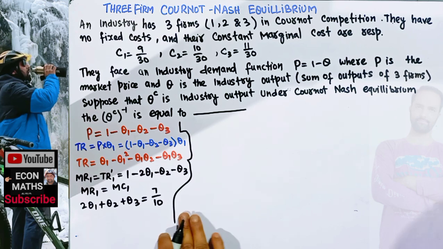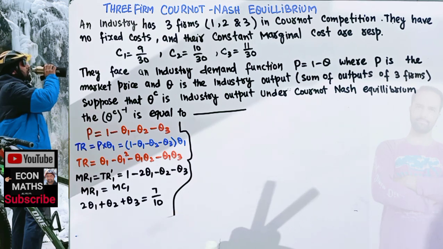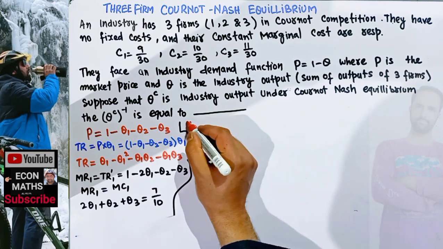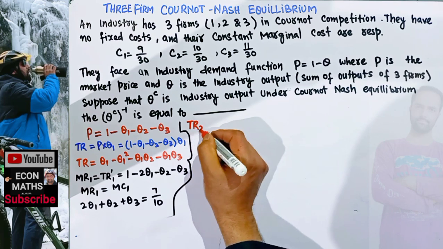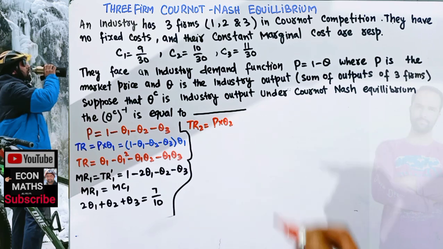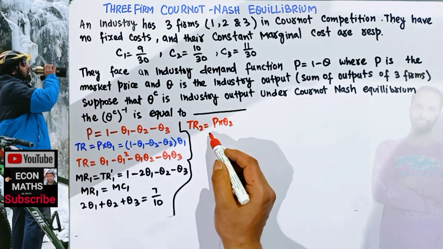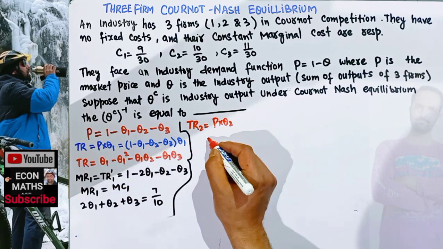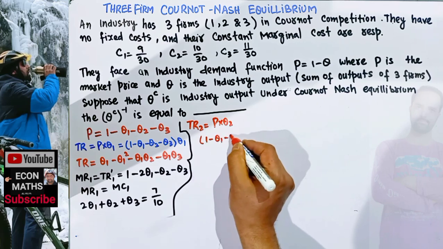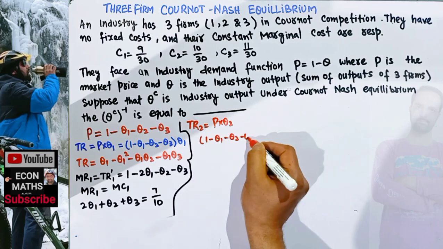Okay, in firm 2, I don't have the space here, so let me try for firm 2 also to make sense for you people. So total revenue for firm 2 will be equal to P into Q2. Our P is this function, 1 minus Q1 minus Q2 minus Q3.